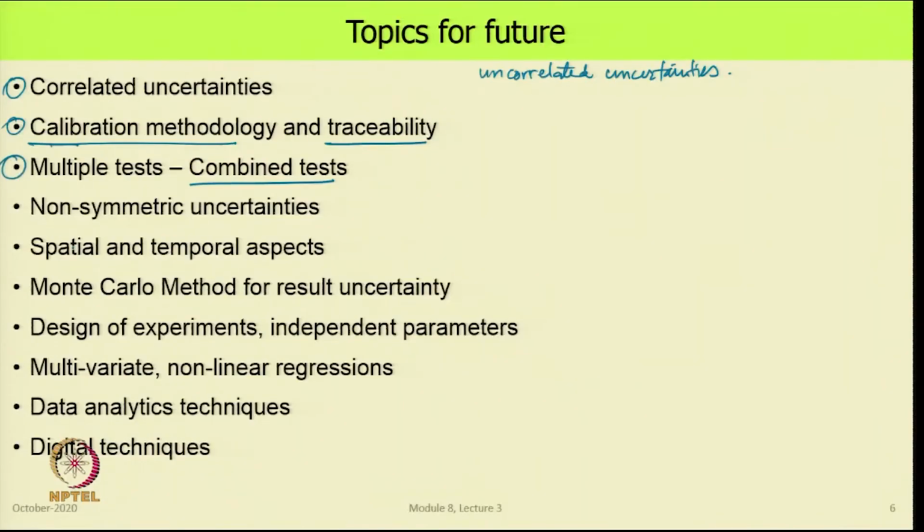We studied the same case where you have a setup, everything is the same and the test is done again and again, that is repeated tests. Then, we have not looked at non-symmetric uncertainties. Everywhere we kept on saying that we look at only symmetric uncertainties.